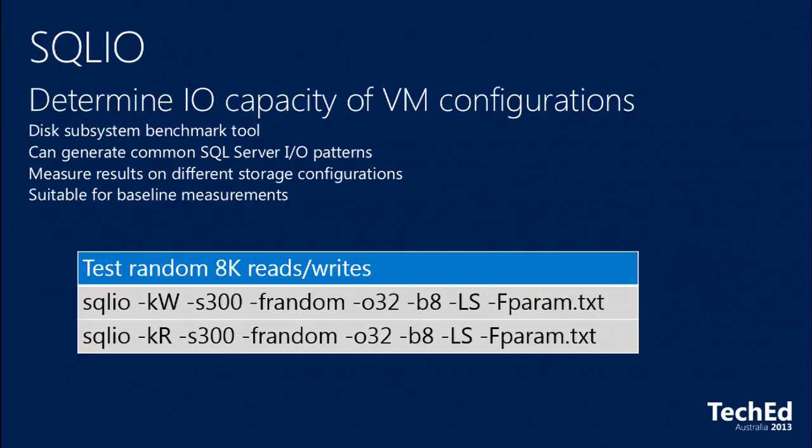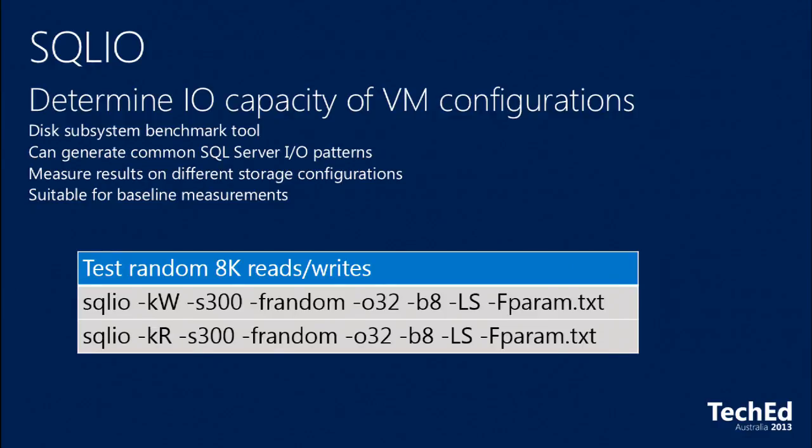They checksum the pages, and every time they write a page out, they keep a list of least recently written page numbers and checksums. When they read it in, the first thing to do is to see if the checksum's still the same as the one they just wrote out, because this sort of thing can go wrong. And so SQLIOSim is good for sorting that out, but it's not good for a benchmark because it's not repeatable.